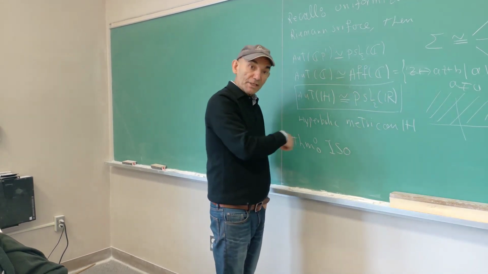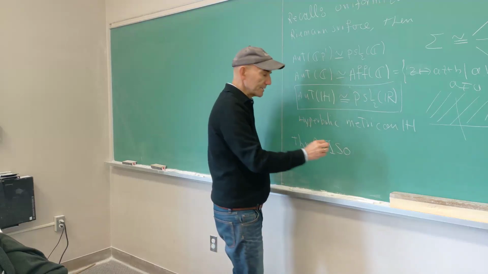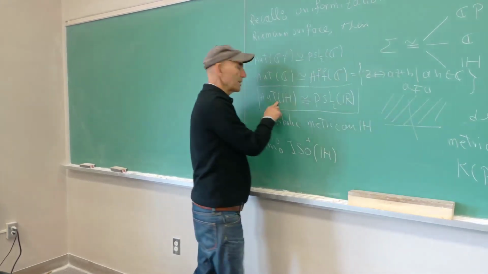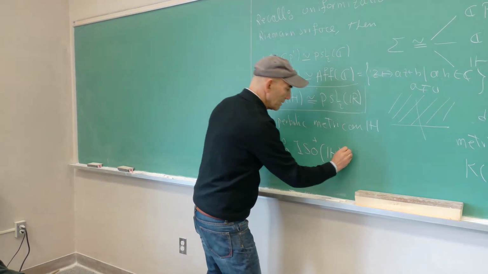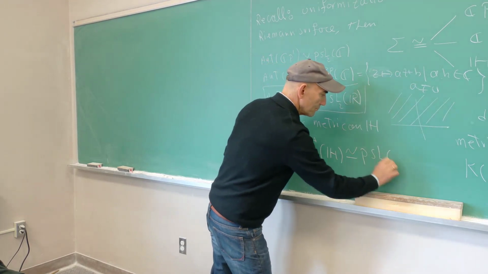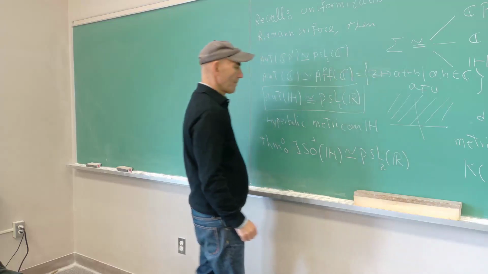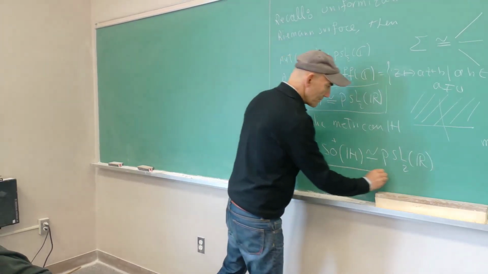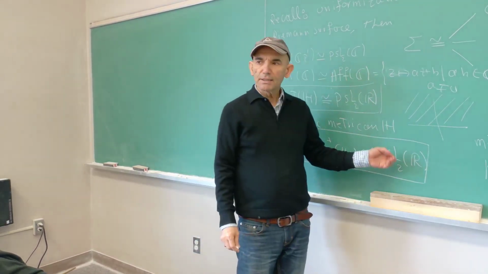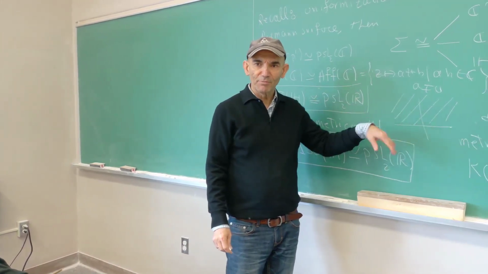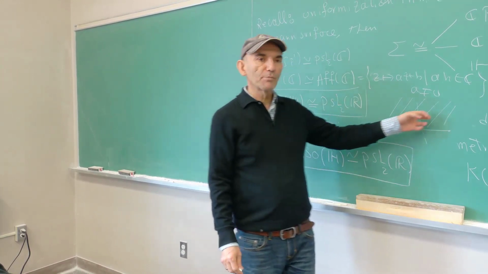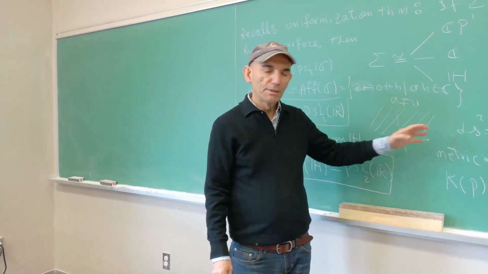If you take only orientation preserving isometries, no reflections, of H with respect to this metric, the group is exactly the holomorphic maps, which is exactly PSL2R. So PSL2R appears in two ways, either as the group of orientation preserving isometries of the Poincare plane, or the group of holomorphic maps from the upper half plane to itself.